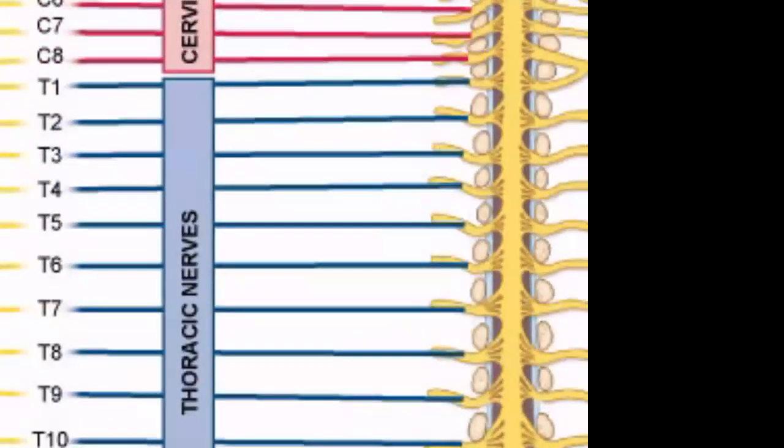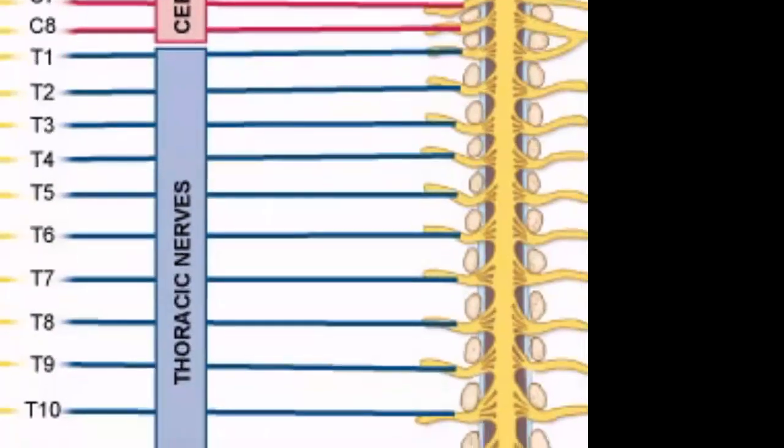In other words, one exiting from the right, one exiting from the left, sending signals out to the body, bringing signals back in from the body. If there are 12 thoracic vertebrae, then there's going to be 12 pairs of thoracic nerves.